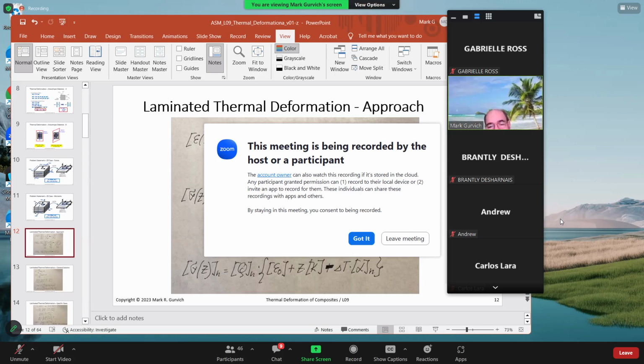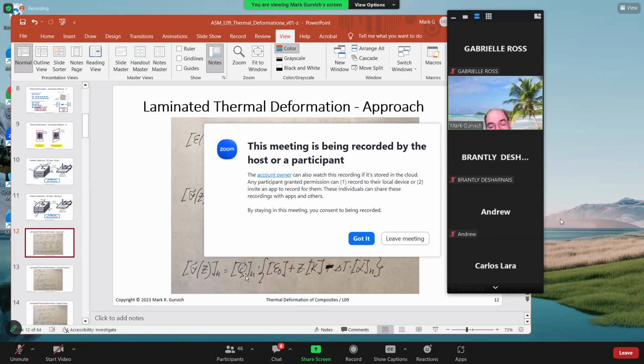So now we have this definition, yes? And finally, if we define strain here as a matrix epsilon sub 0, curvature here as a matrix kappa, and this matrix is alpha, we will finally have this definition of stresses in layer n as a function of z, in this matrix form.